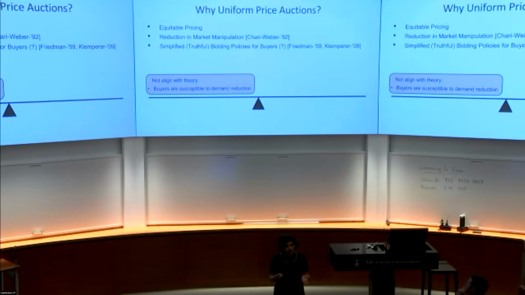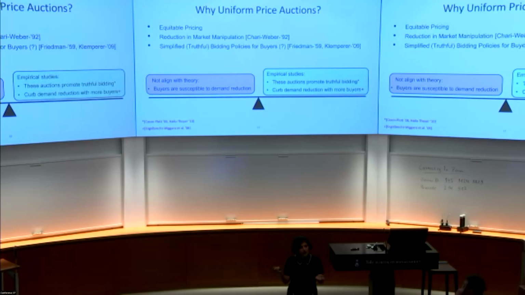From the theoretical perspective, there are a lot of papers that argue that in this auction, buyers do demand reduction, meaning that they are not going to be truthful. The bid they submit is going to be less than their value. On the other hand, we have empirical studies that argue that this auction promotes truthful bidding, and especially when you have a large number of bidders, people are going to bid truthfully.